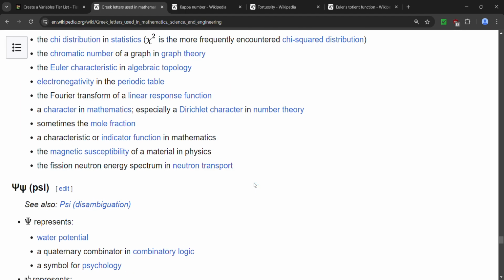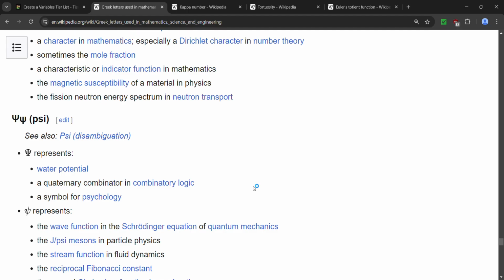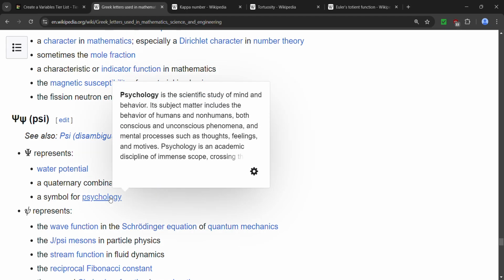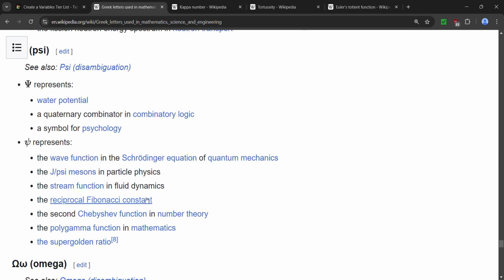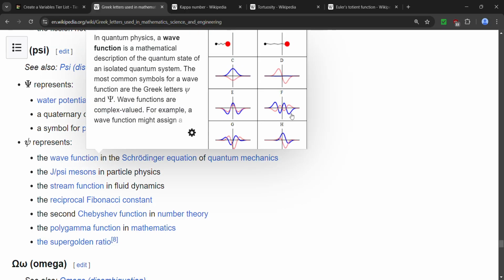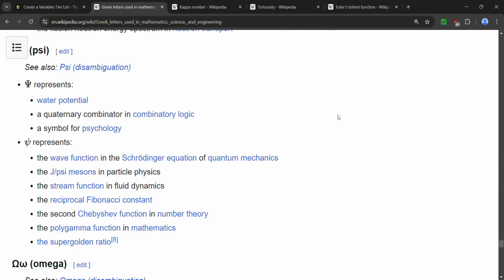Anyway, let's go on to psi. A symbol for psychology. That is funny. I don't think anyone's ever used that, but good for them for making a little Greek acronym. The wave function, that's really the only time I've had to use it.